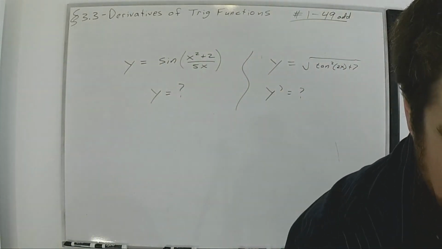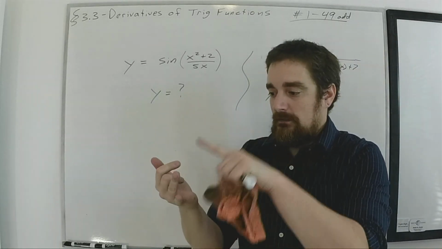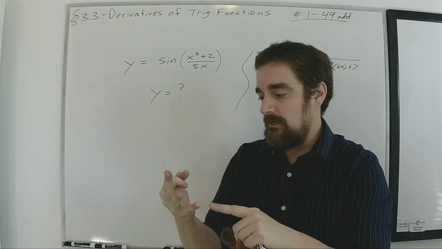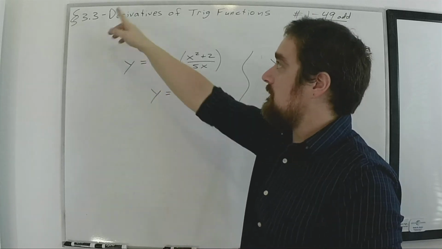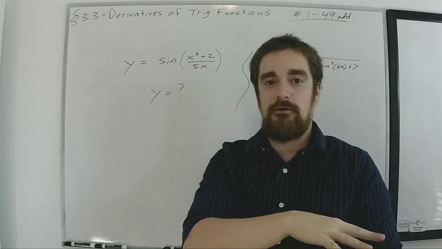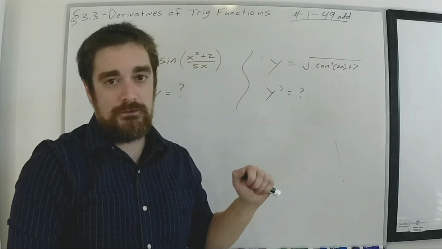So make sure you're good at this point. Practice polynomials, practice exponential functions, practice trig functions, differentiate. Practice your product rule and practice your quotient rule. Because if you go into the next section, 3.4, without being 100% firm on all those types of differentiation techniques, then 3.4 is going to be really rough.